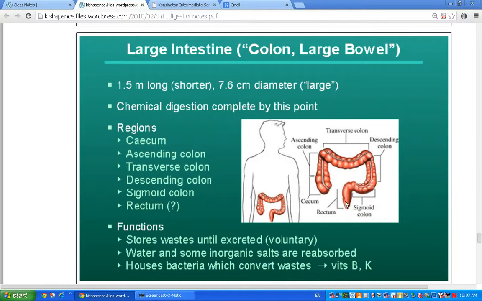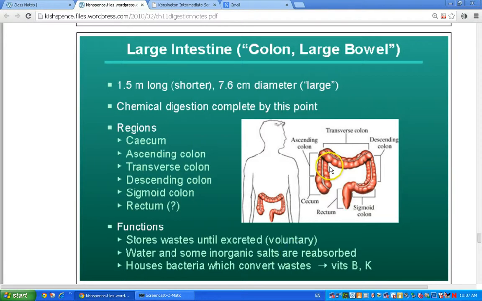And sometimes if you're having a reaction to something, like lactose intolerance with milk, or maybe you're allergic to gluten, then you'll probably have more water go out with your feces and it'll be more runny. But usually the large intestine will absorb a lot of the water, and some of the inorganic salts will be reabsorbed here.